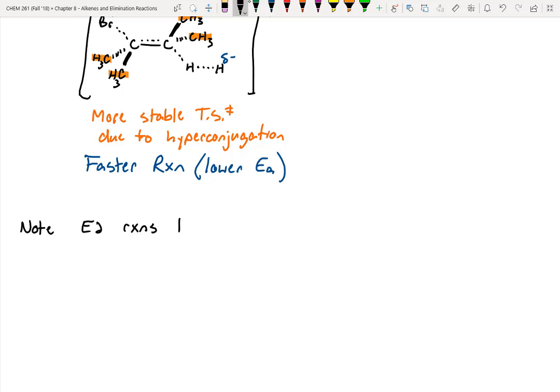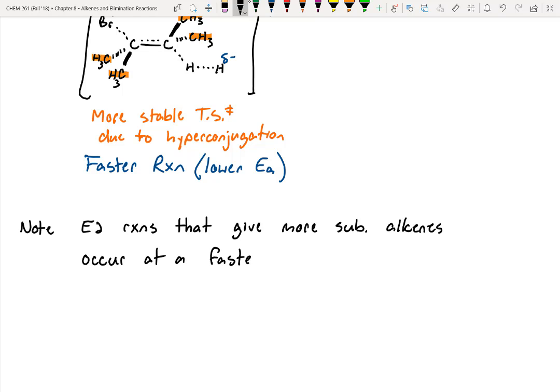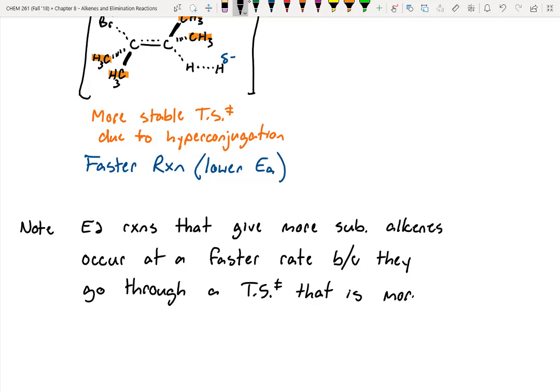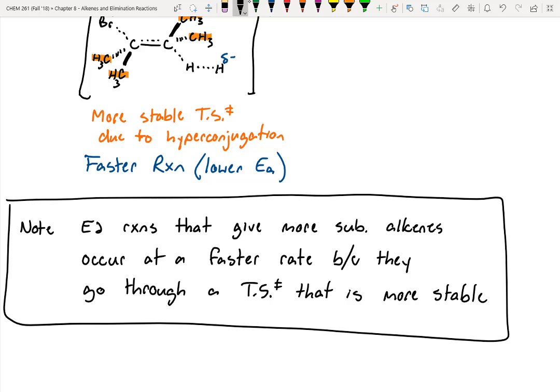E2 reactions that give more substituted alkenes occur at a faster rate because they go through a transition state that is more stable. Does that make sense? Yeah.